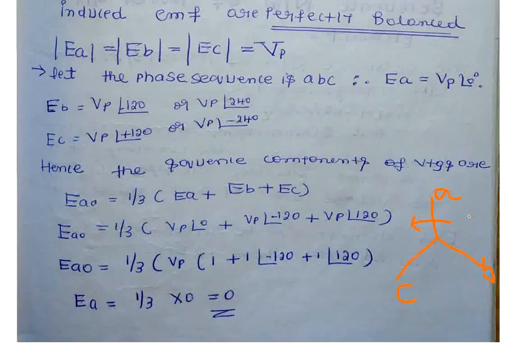The phase sequence EA, EB, EC has magnitude VP, that is my phase voltage.